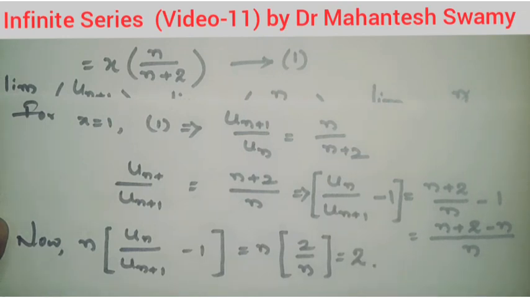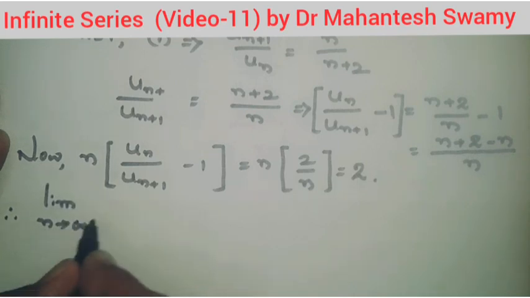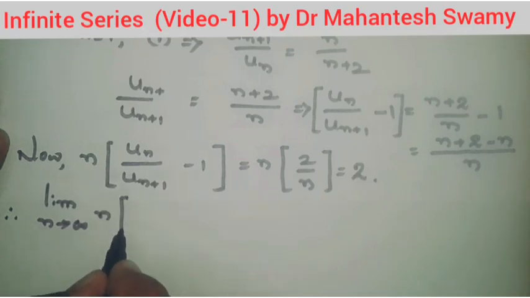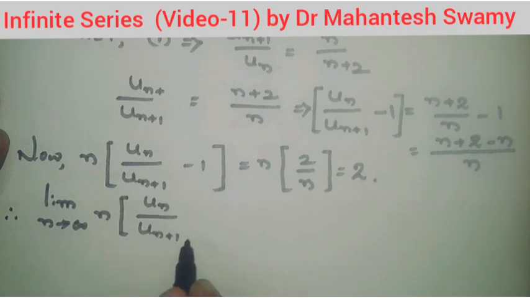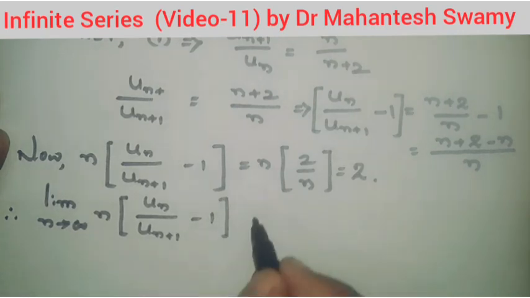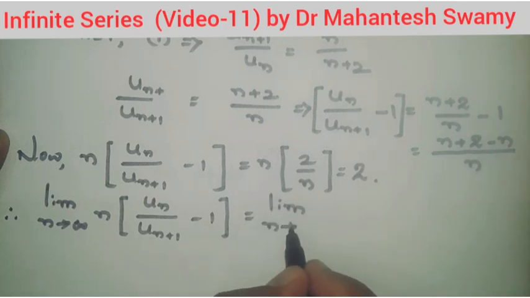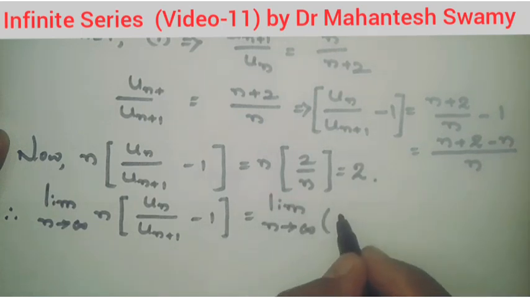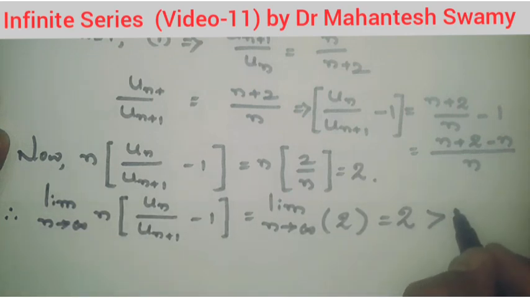Now we have to apply the limit. Therefore, the limit as n tends to infinity of n into (u(n) divided by u(n+1) minus 1), according to Raabe's test, is equal to the limit as n tends to infinity of 2, which I got here, so it is fixed 2. The value of this limit is greater than 1.